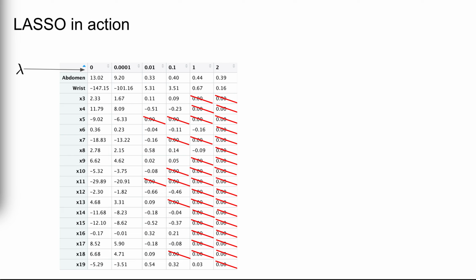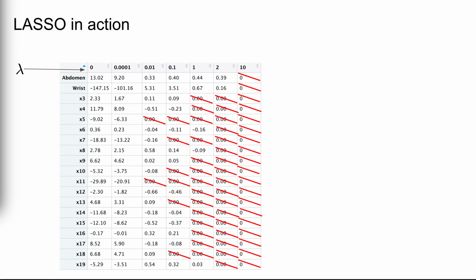By the time that we crank lambda to 2, all of the junk predictors have been kicked out of the model, and all that remains are our two meaningful predictors, abdomen and wrist. This is essentially what we anticipated earlier. These bad predictors might improve our in-sample model predictions, but not enough to offset the complexity that they add to the model, hence not enough to offset their LASSO penalty.